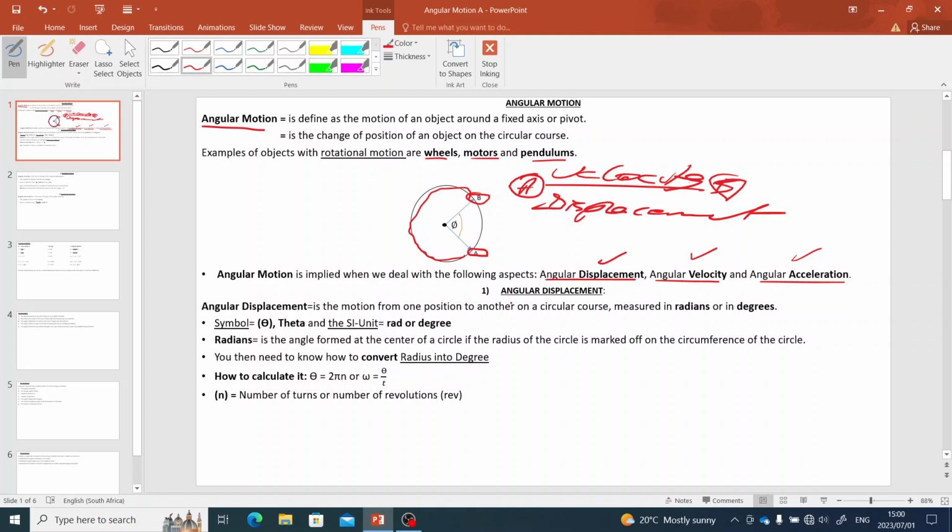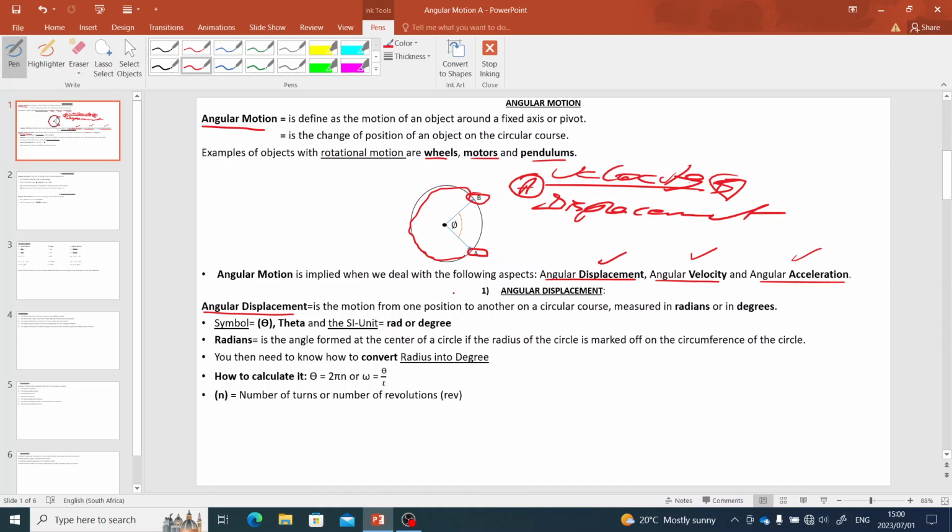The first aspect that we are dealing with is angular displacement. Let us look at the definition of angular displacement. Angular displacement is the motion from one position to another on a circular course.